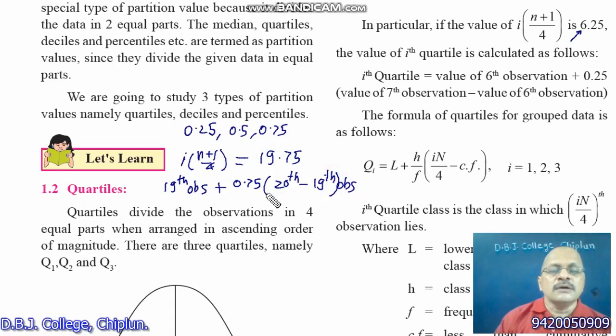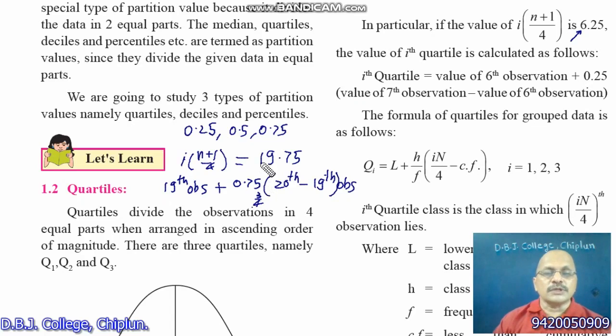This is the formula. 19th observation plus (20th observation minus 19th observation) times 0.75. 0.75 means 3 by 4. Please remember this, and these formulae are useful for raw data or ungrouped frequency distribution.